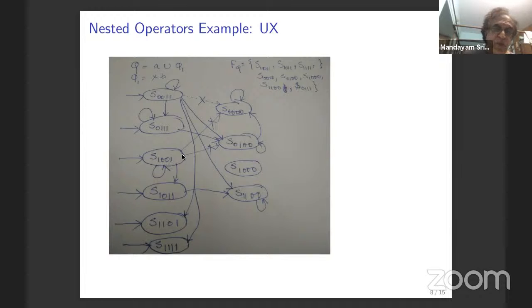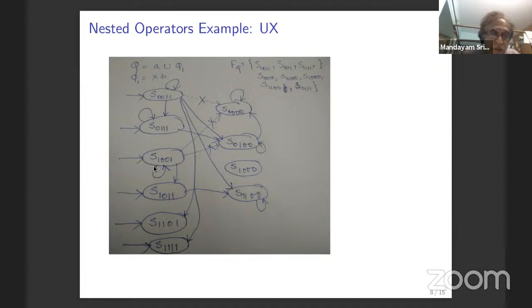So it has to actually eventually visit a state in which phi 1 becomes true. Okay, and until that time, it has to maintain A, keep A true.